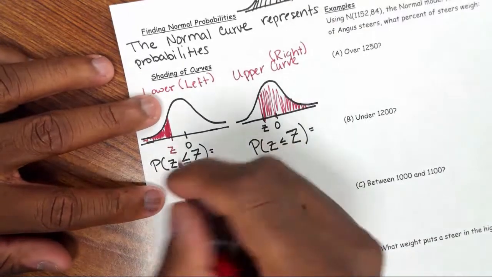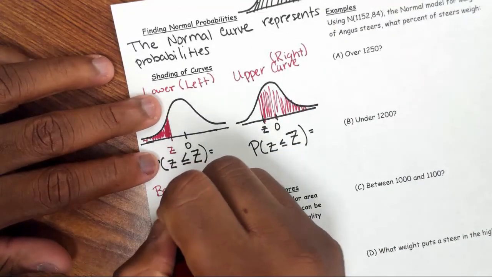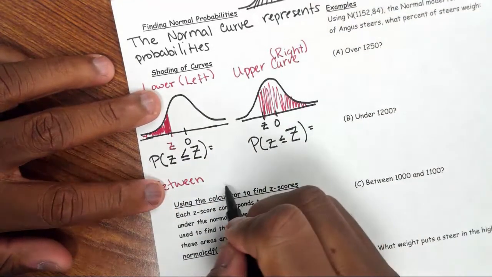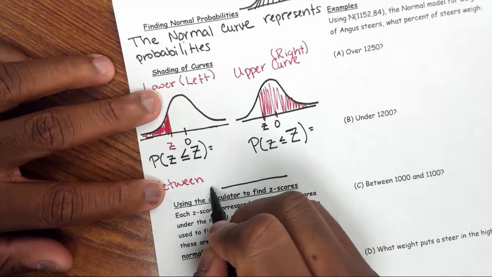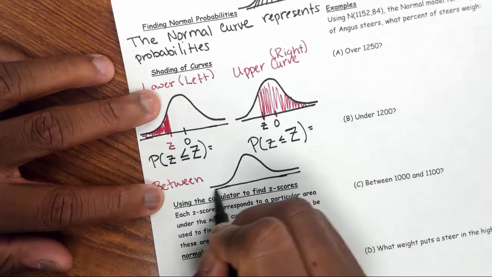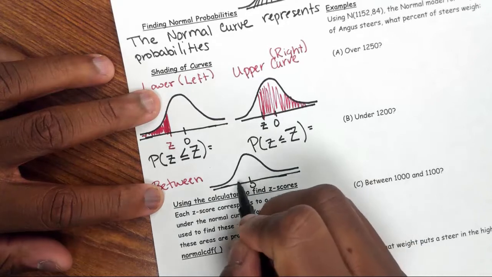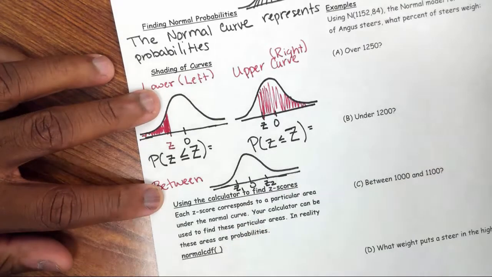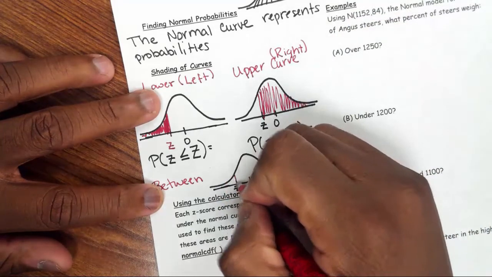The third type of curve is what we call a between. And in a between, you have 2 z values that you're going to find. So your mean here is 0. You have z1 and z2. And the area you're calculating now is in between those 2 values.